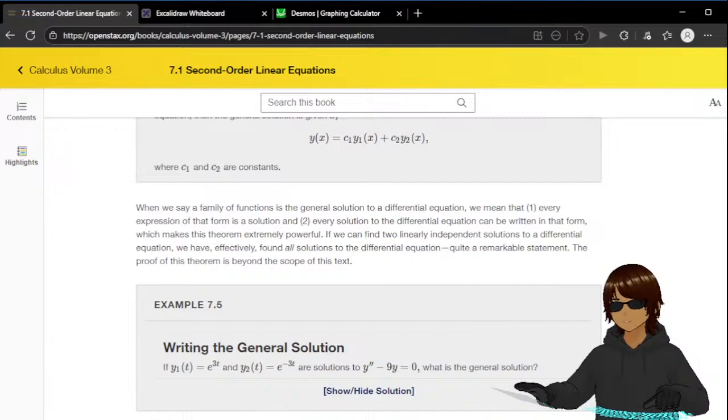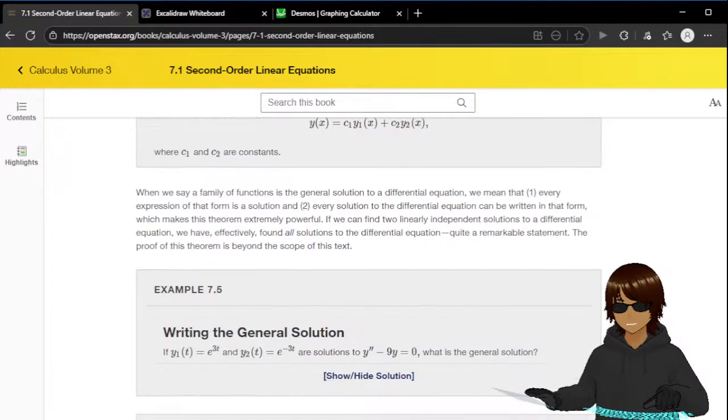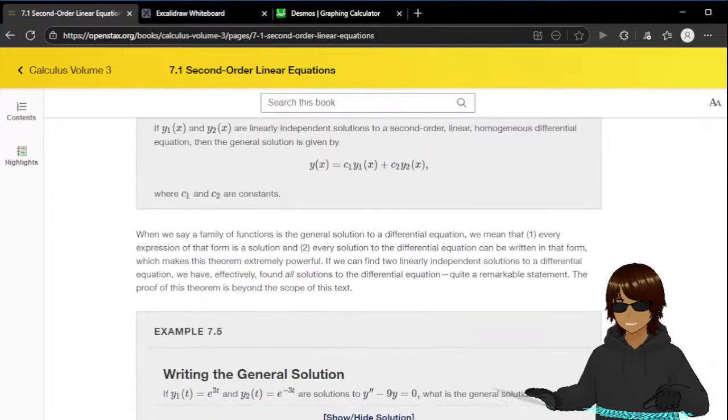We just write c1 y1 plus c2 y2, right? So c1 this plus c2 this. But the thing is, they want us to find a general solution.